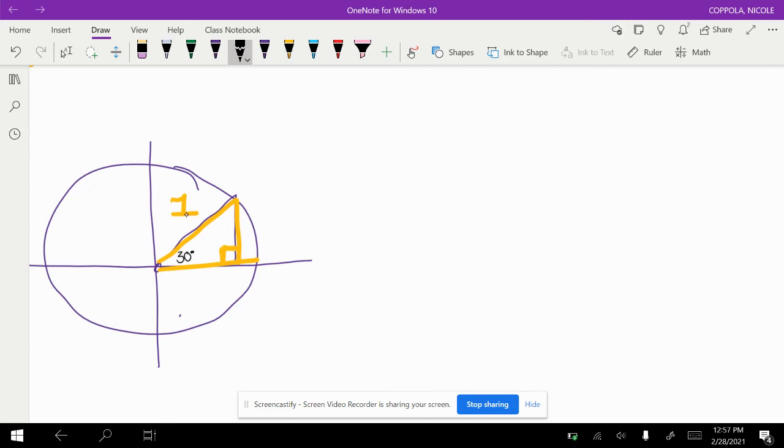Again, the ratio was x to x rad 3 to 2x. And we have that this length is 1, right? So if 1 is equal to 2x, then that means that x is equal to 1/2. So the side opposite that 30 would be 1/2 in length.